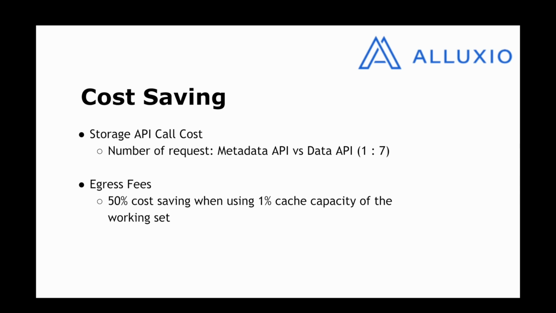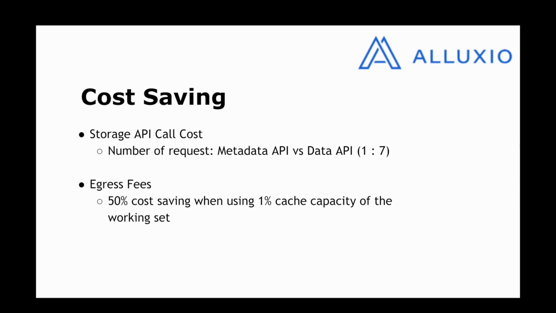The cost model of this kind of storage is based on the number of requests, or the number of API calls. We are seeing that there are a lot more data API calls than metadata API calls. So by using our Alluxio SDK cache or local cache, it can save a lot of the data API calls. It's based on your cache hit rate.